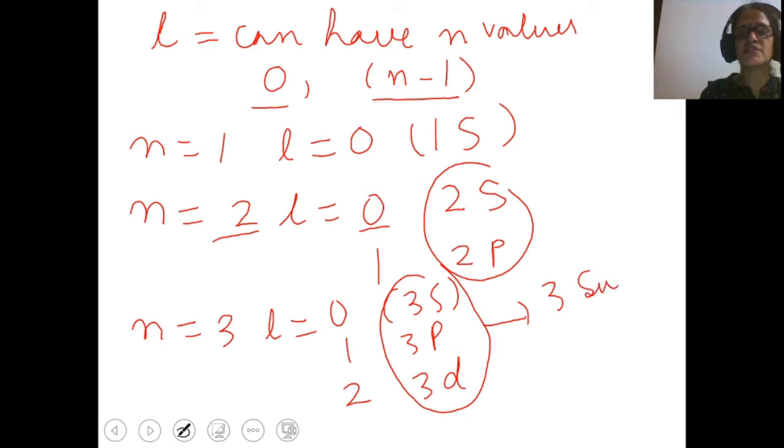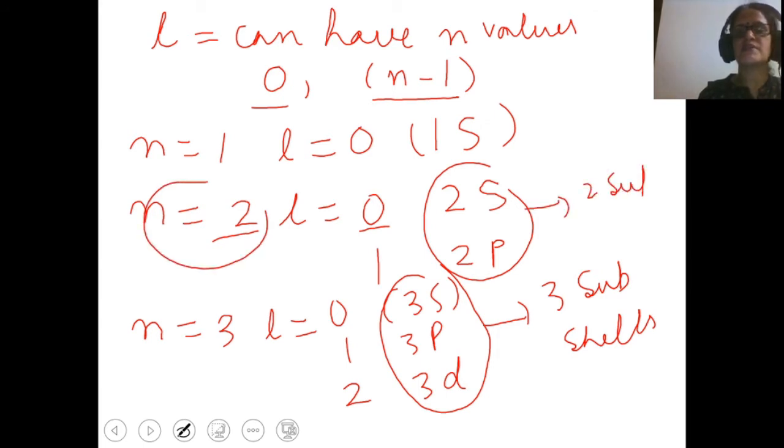The second shell consists of 2 subshells. And the first shell consists of only one subshell. So we can conclude that the number of subshells present in a shell is always equal to the value of n.